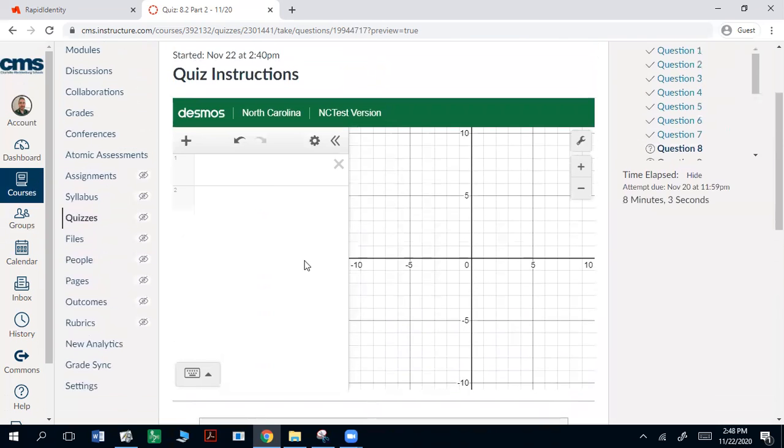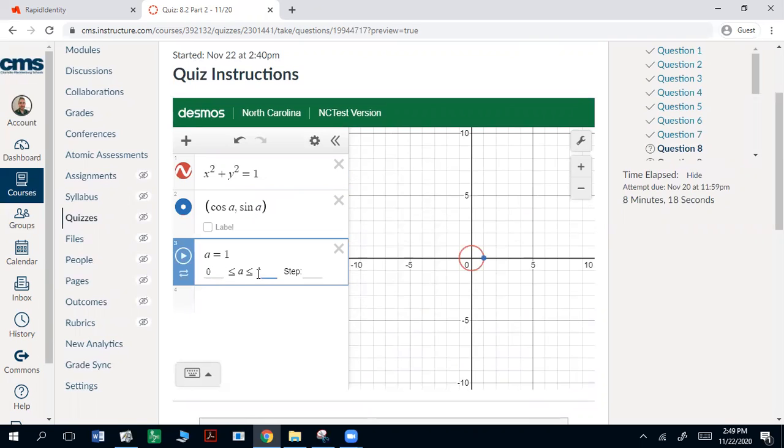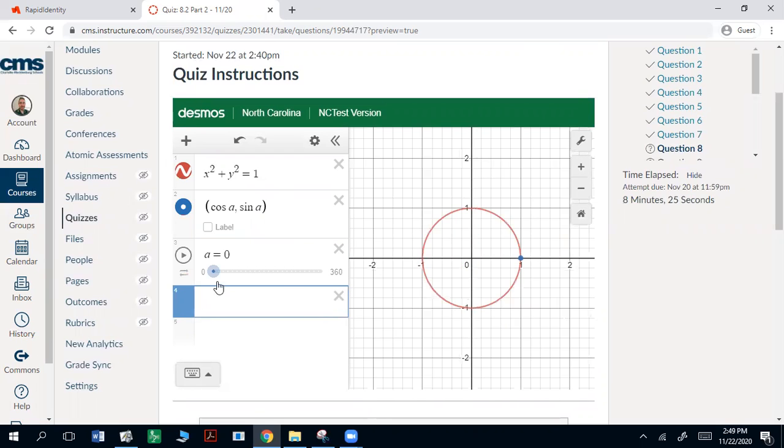So I'm going to go ahead and graph it again. Remember, (cosine A, sine A). Add slider, 0, 360, 15. Zoom in a little bit, and let's move it. Let's label that up.